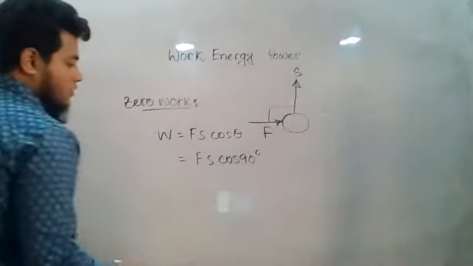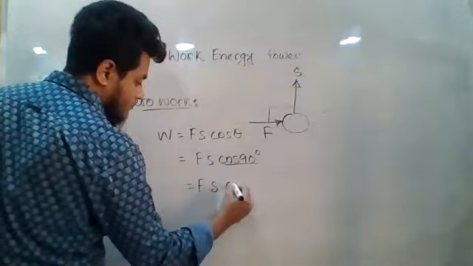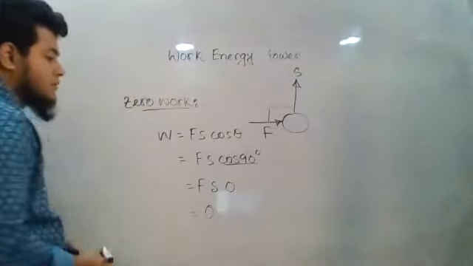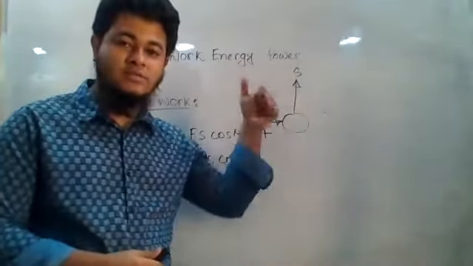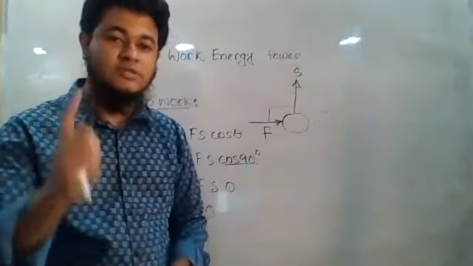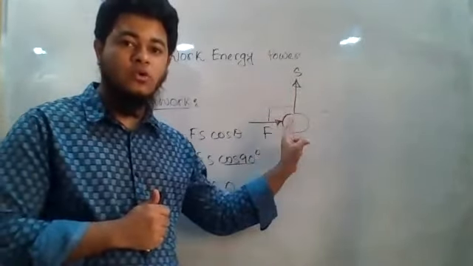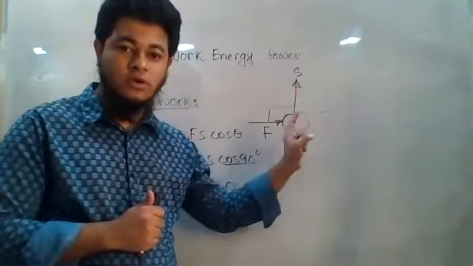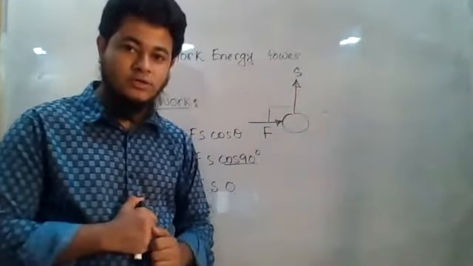So cos 90 has a value of 0, so the work done will be 0. See what I said: the force is being applied, some displacement is also taking place, but still the work done is 0. Why? Because due to this force, no displacement is occurring in the direction of the application of force. Do you understand my point?